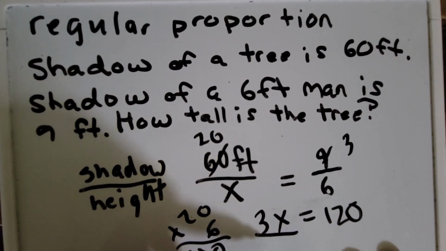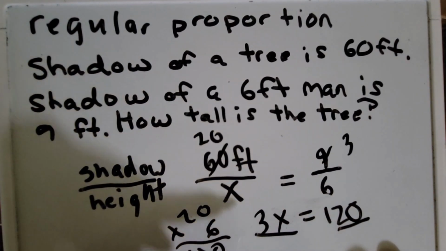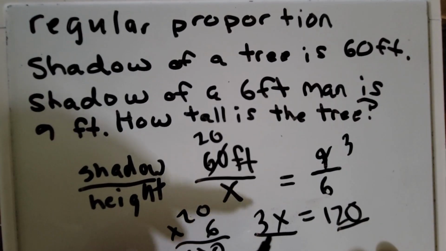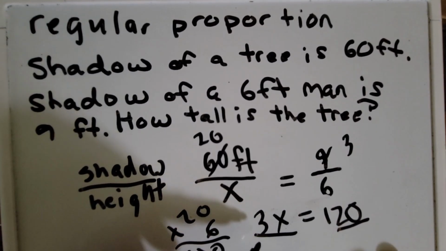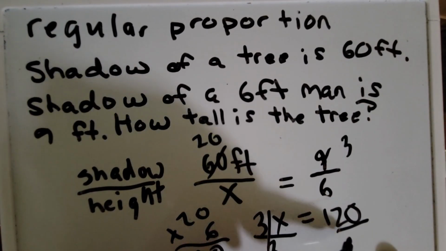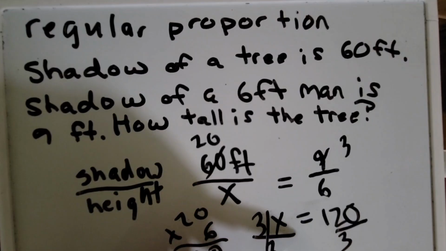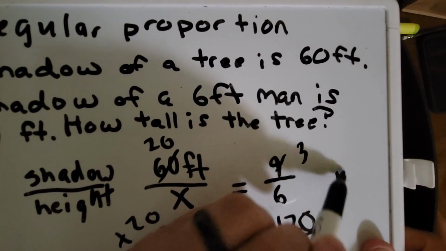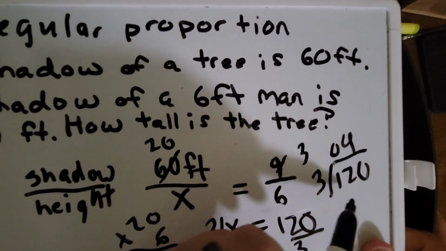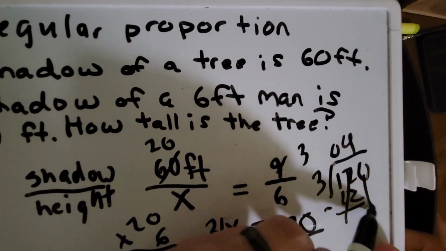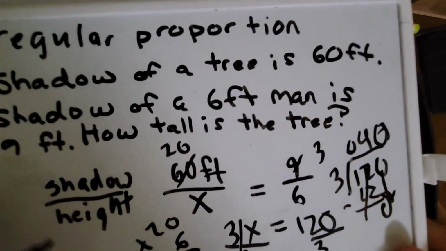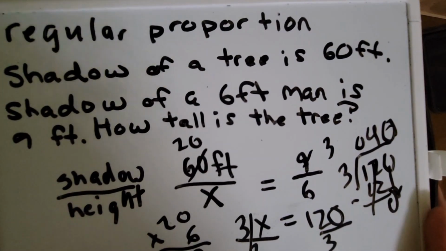Right? Now that we have that, we're going to go ahead and do the opposite of what it should be. That means that instead of 3x, which would mean 3 times, we're going to do 3 divide, right? So 3 divided by 3, that's going to cancel out. 120 divided by 3, boom, 12, subtract, bring down the 0. 3 can go into 0 zero times, so your answer is the tree equals 40 feet.